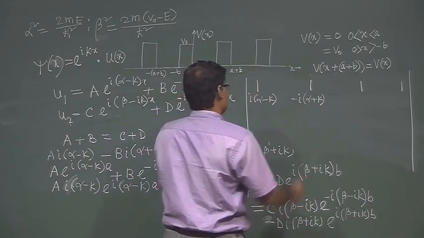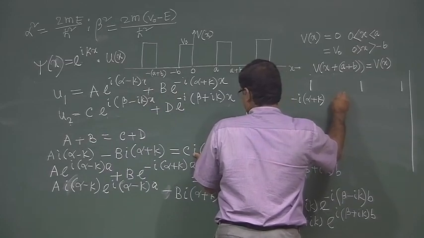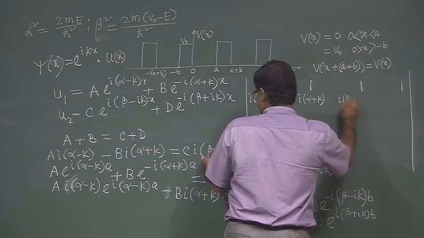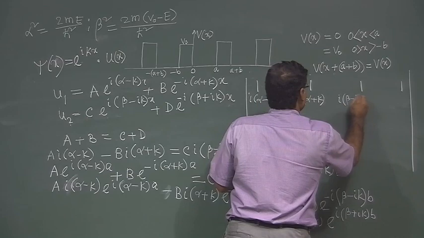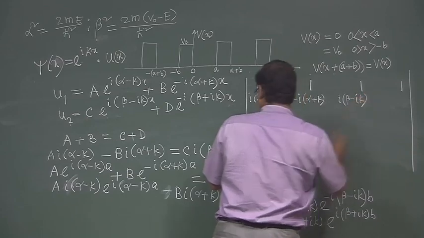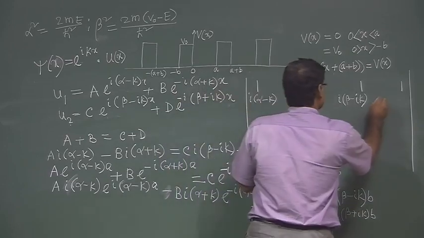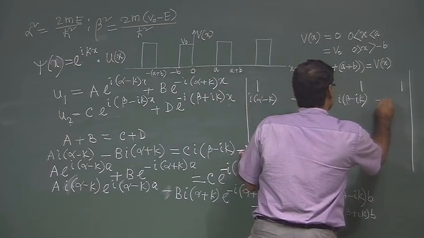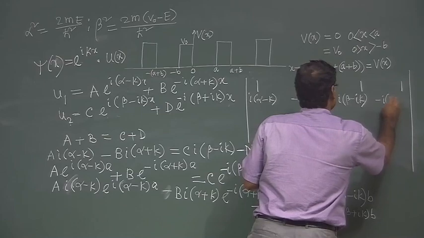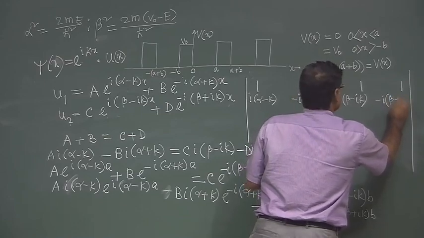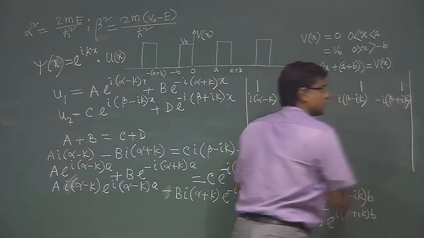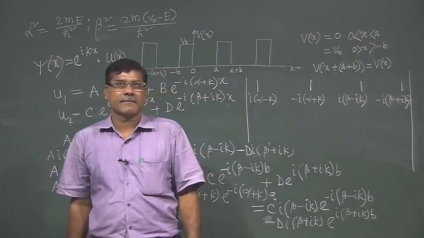Coefficient of C, I can write i beta minus i k. Coefficient of D, I can write minus i beta plus i k, right.